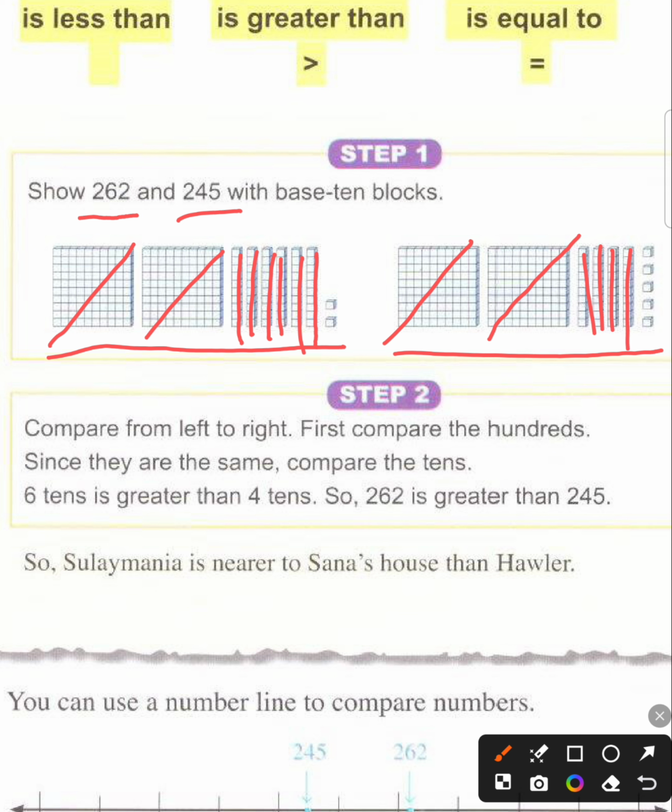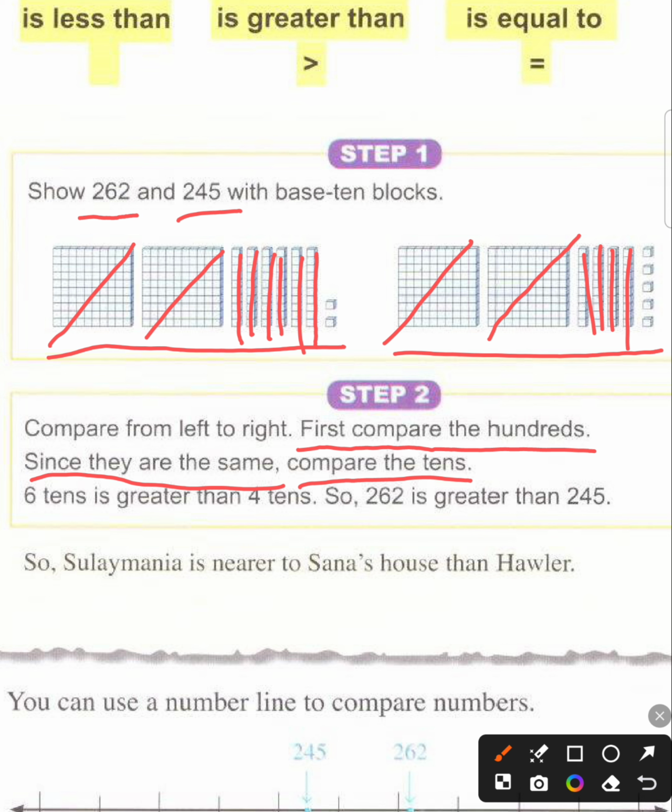It means compare from left to right. First, compare the hundreds. They are the same. Since they are the same, compare the tens. You see, it was 6 tens and it's 4 tens. So 6 tens is greater than 4 tens.